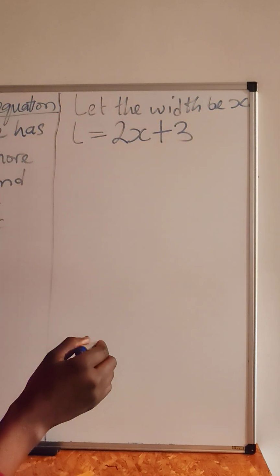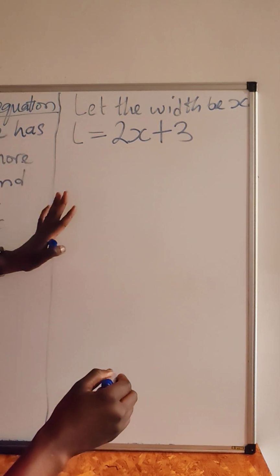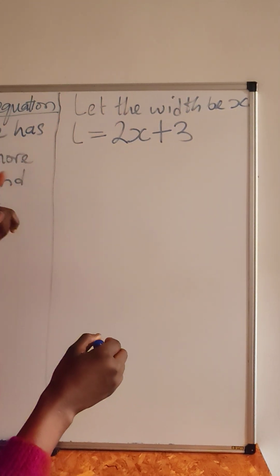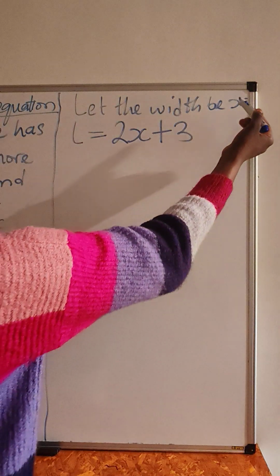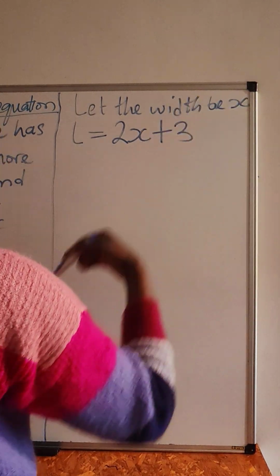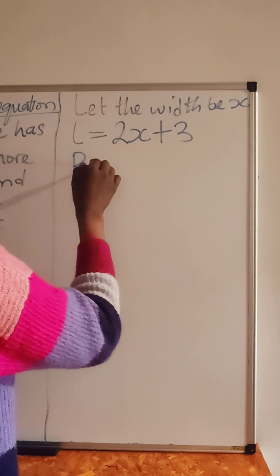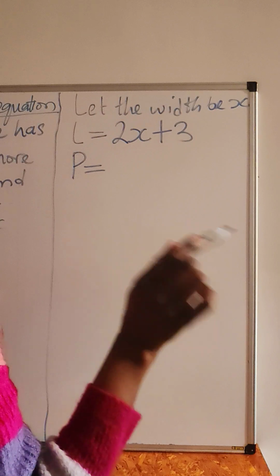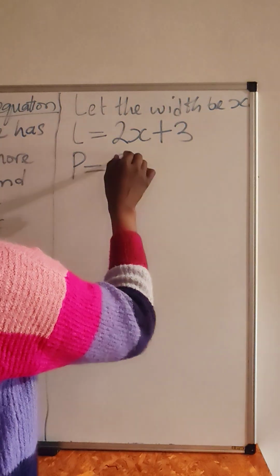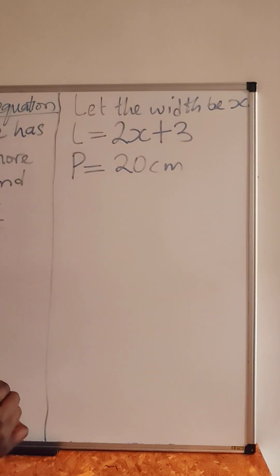So for the rectangle in this question, the length is 3 more than twice the width, and the width is small letter x. And the perimeter of the rectangle is 20 centimeters.